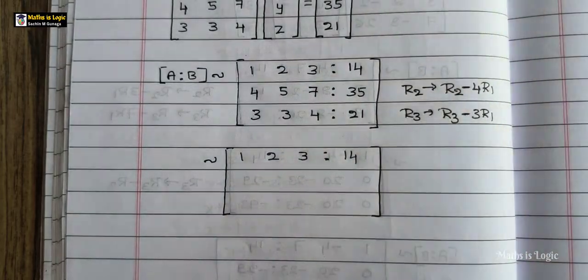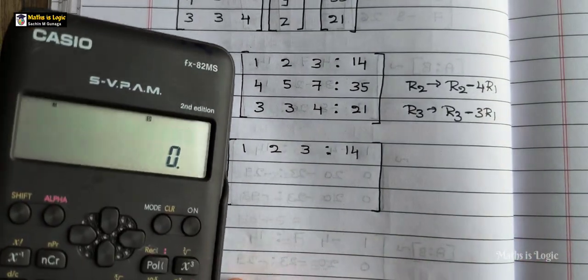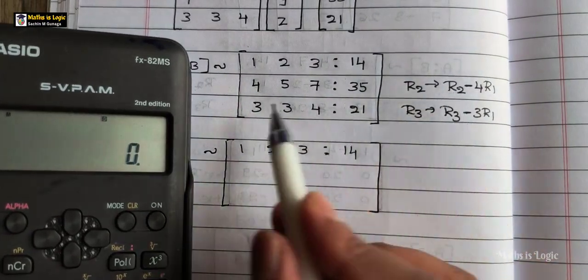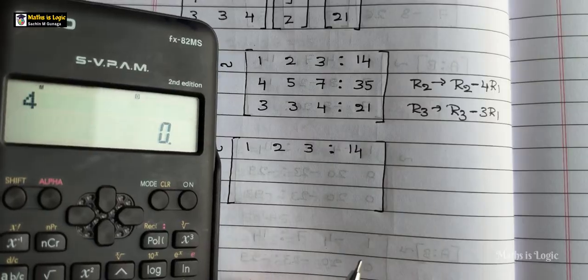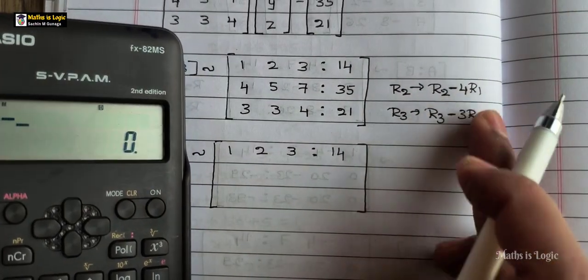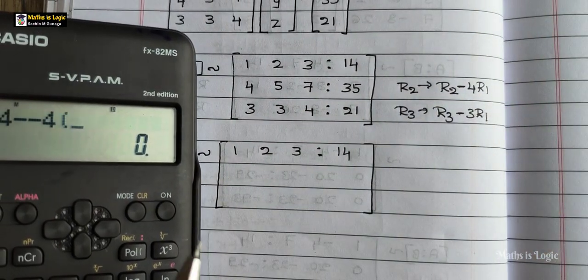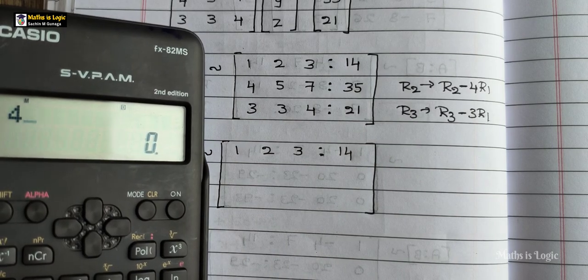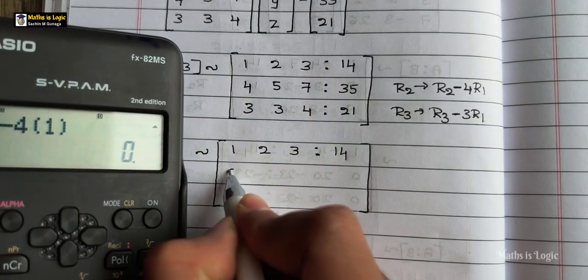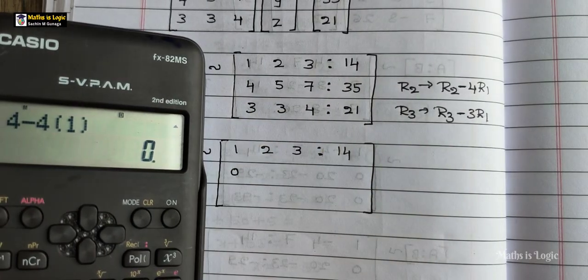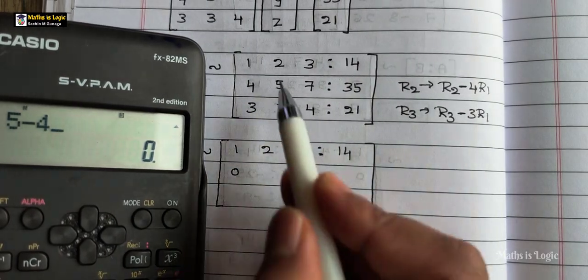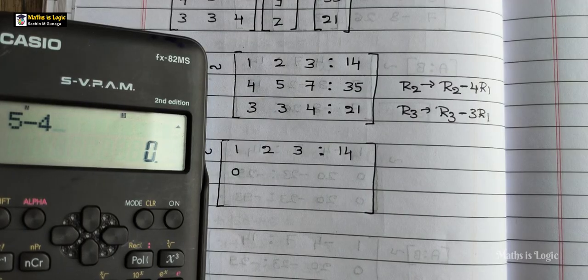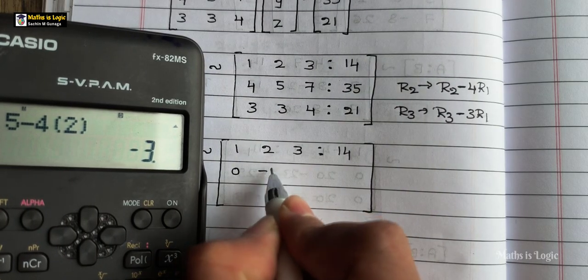Next we are changing the second row. R2: 4 minus 4 times 1 is 0. Next, 5 minus 4 times 2 is minus 3.